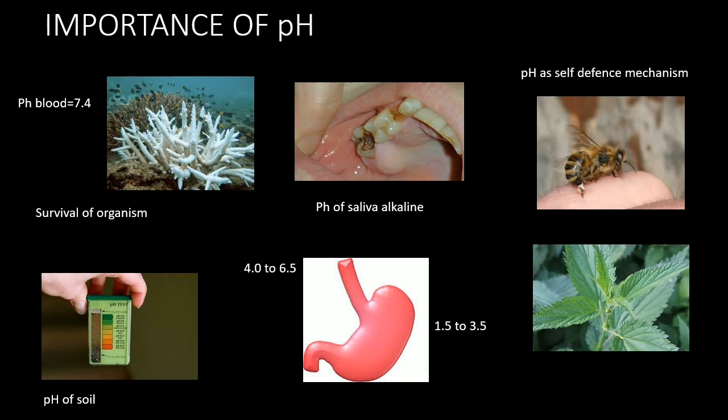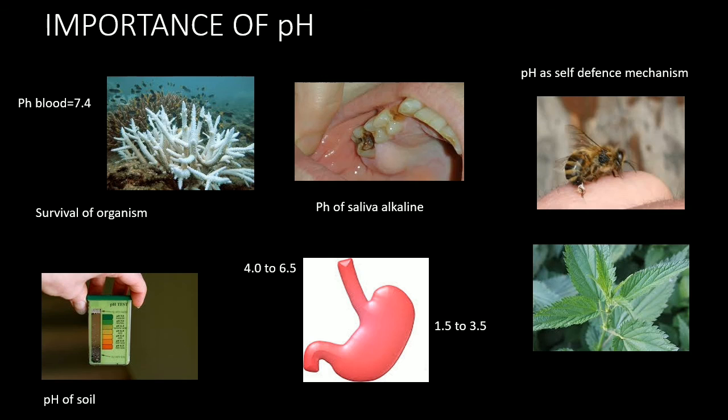pH is also important for the survival of aquatic animals. When there is acid rain, it increases the acidity of a lake, and the plants and animals which thrive in the lake environment will be affected by that.